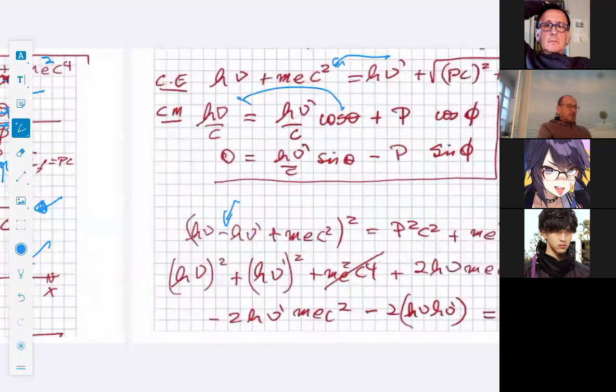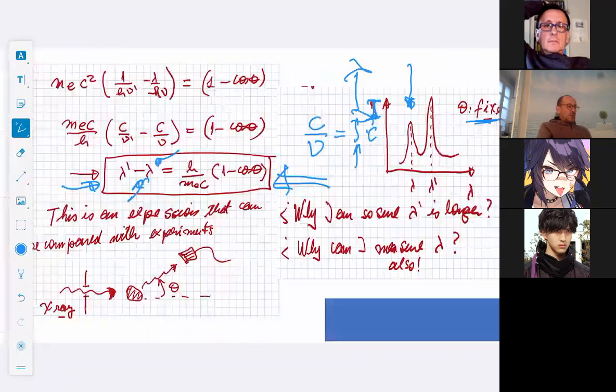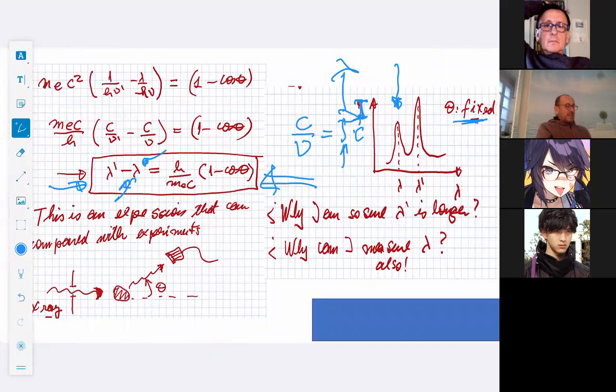Let's go back to the expression there. This difference, lambda prime and lambda, will be the same if the mass of the electron is infinity.